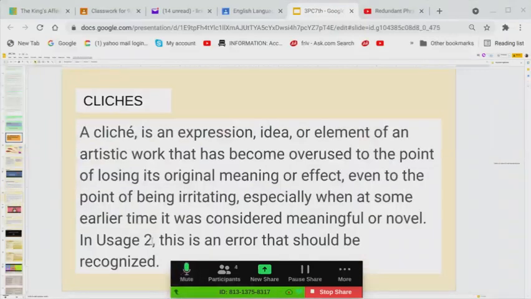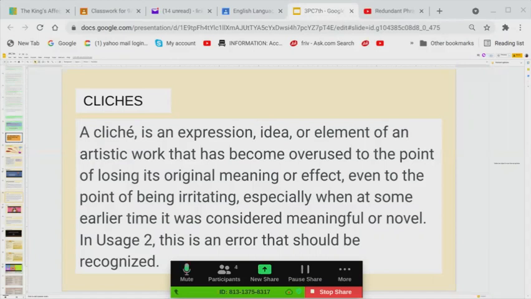All right, I'm going to another one. This is the one called cliches. Cliches. It's an expression or idea or element of an artistic work that has been overused. So this is different from redundancy, you know. Redundancy is when you actually look in the sentence and use something that means the same thing as something else.